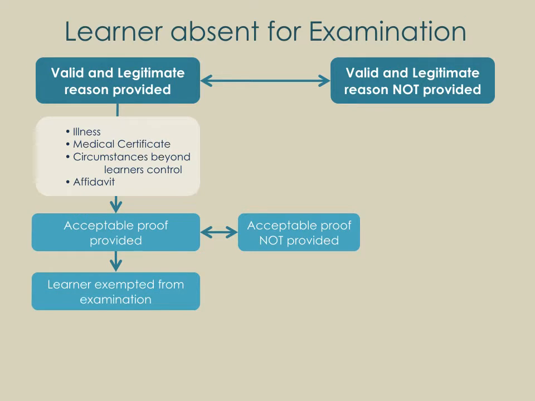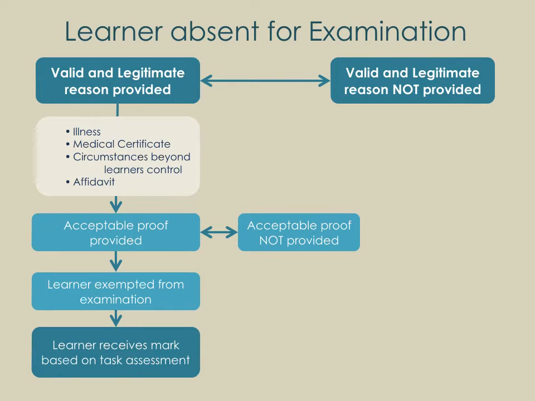So let's say you've got a legitimate illness and the learner sent a medical certificate. The learner is then exempted from the exam. And then the learner receives a mark which is based on their school-based assessment. That's if they bring valid and acceptable proof that they were actually ill or that their circumstances were beyond their control.